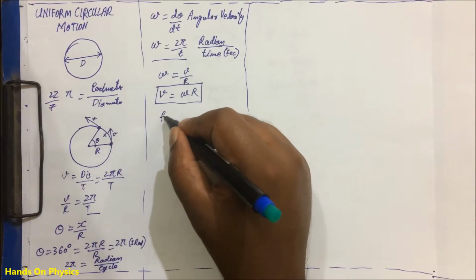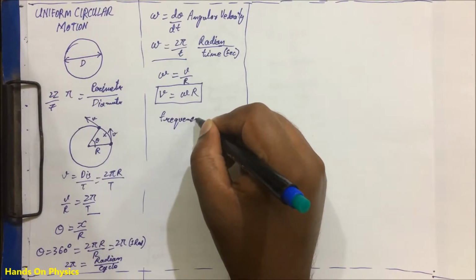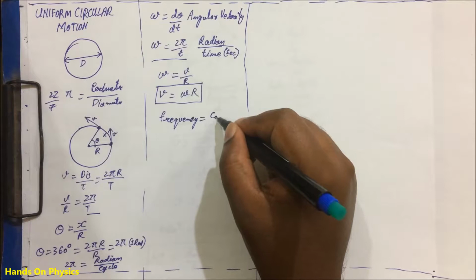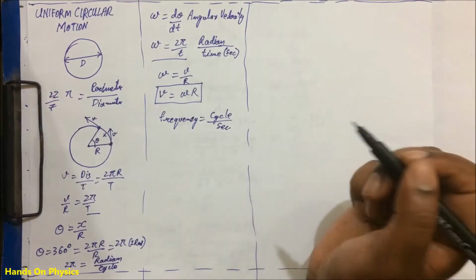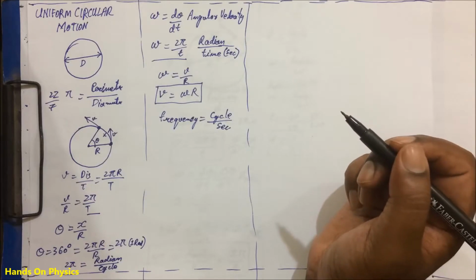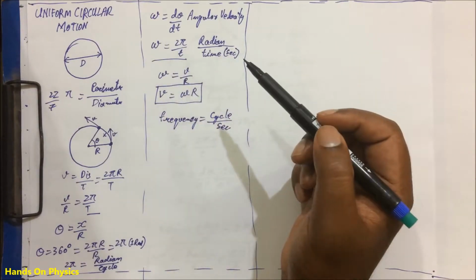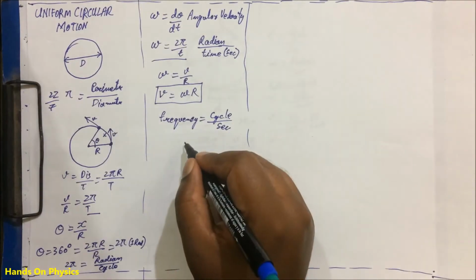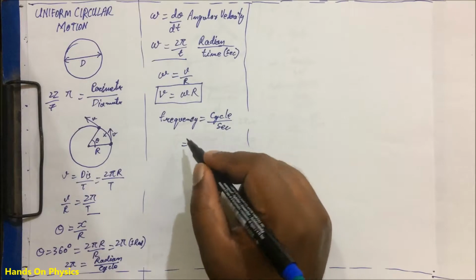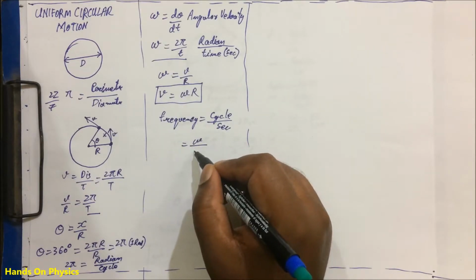Another concept is called frequency, which is how many cycles per second it travels. So we know that omega is radian per unit time, and 2 pi is radian per cycle. So from here we can simply write frequency will be omega upon 2 pi.